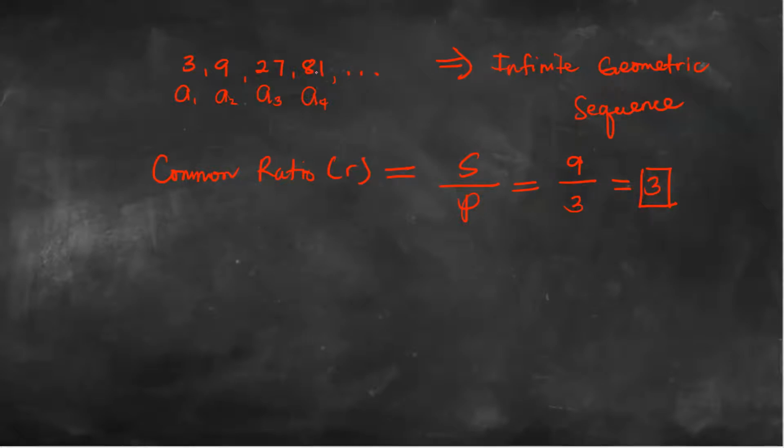If you look for a sub 5, since we don't have a sub 5, a sub 5 will just be simple. We will just multiply 81 by 3, and now you have 243. Or if you look for a sub 6, you can just go on and multiply again 243 by 3, since that is our common ratio.